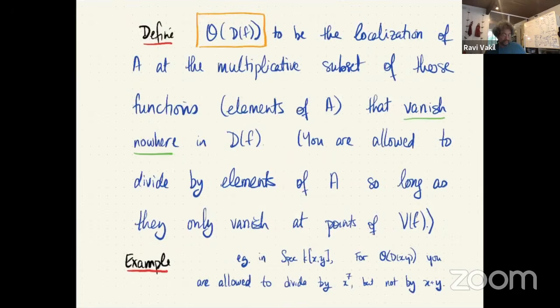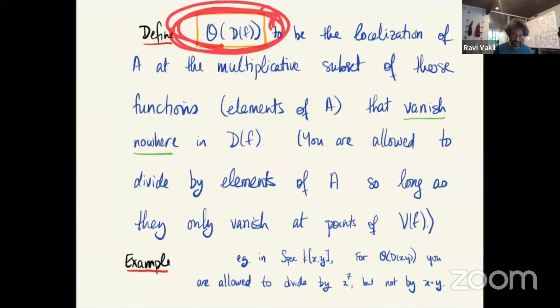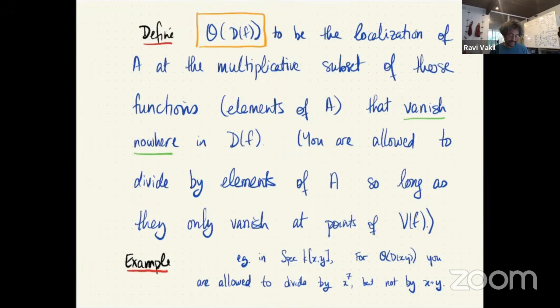So the trick, as I mentioned at the end of last time, is that I could have said the sections over the distinguished open set are A_f, but instead I define them differently, where I allow myself to invert everything, to divide by anything as long as it doesn't vanish in this open set.